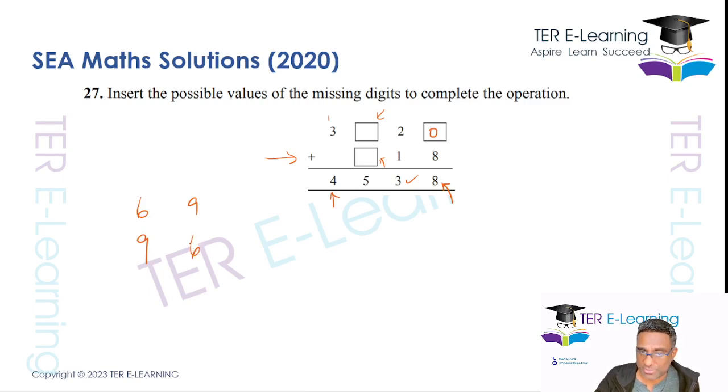That's 2 possible options. We can also go 7 and 8, or 8 and 7. So I have different possibilities here. They said possible values, so there is more than one answer for this particular question.